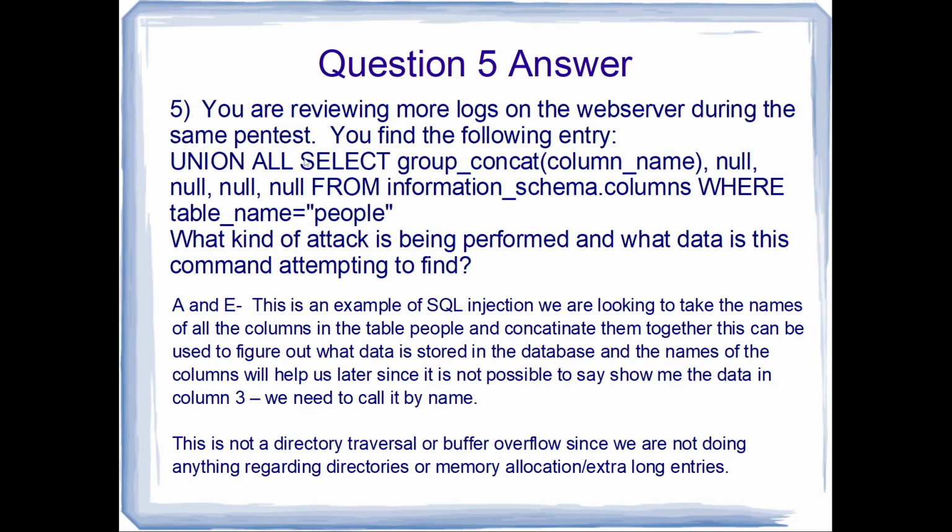So we're doing select group_concat column names, which would give us the column names in a comma separated format when we display this. And we are getting those column names from the table people.